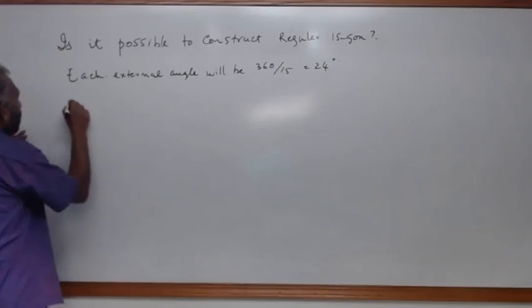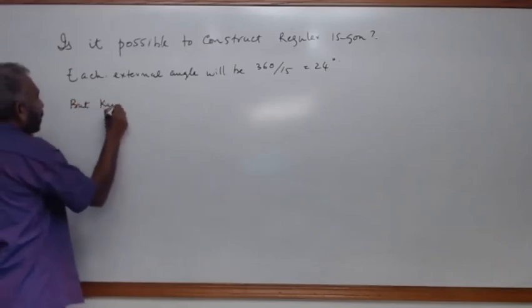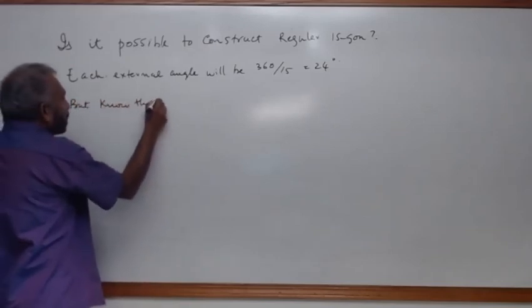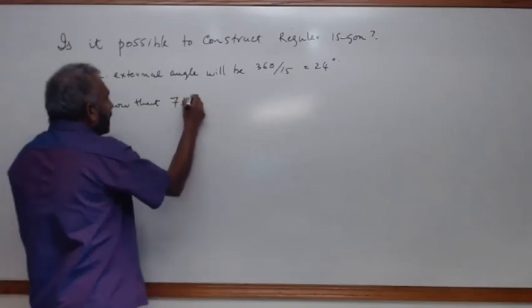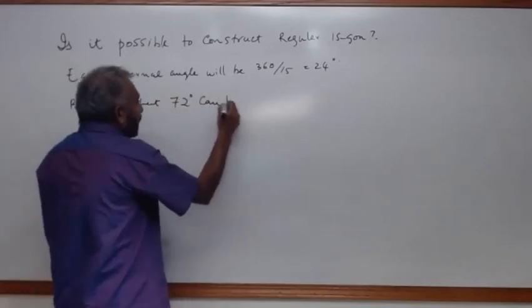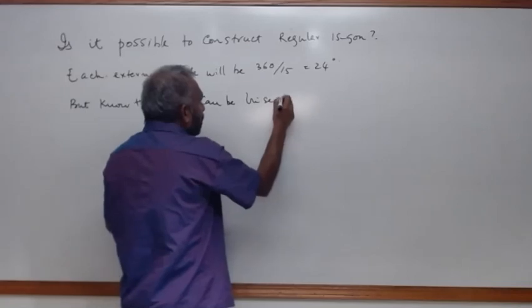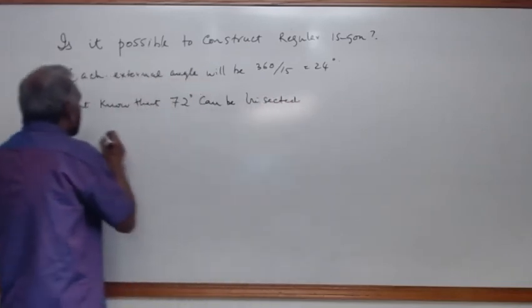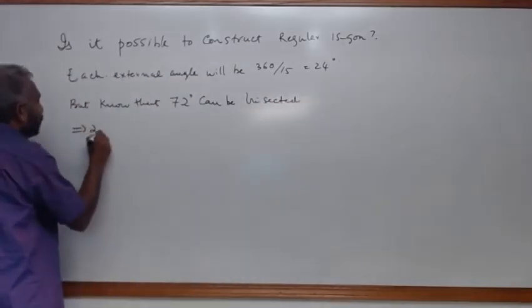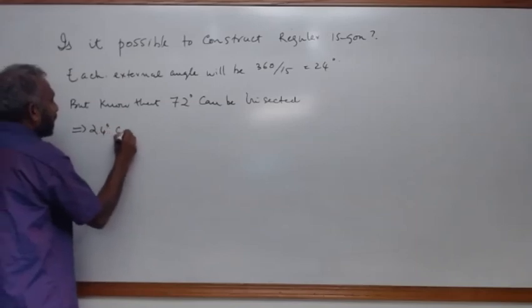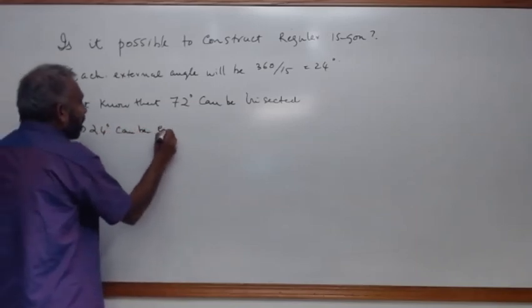But we know that 72 degrees can be trisected. So that means 24 degrees can be constructed.